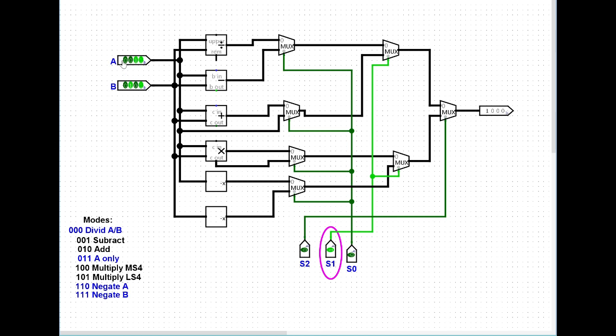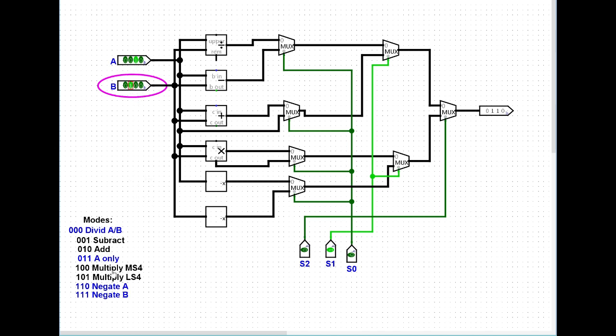For multiplication, we'll make it easy. We'll do like 2 times 2. And for multiplication for the most significant bit, let's change that. Let's do 4 times 2.